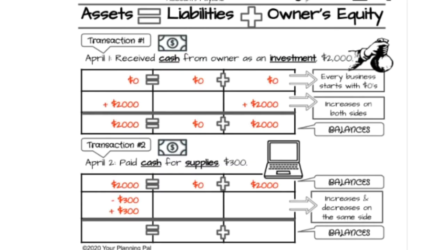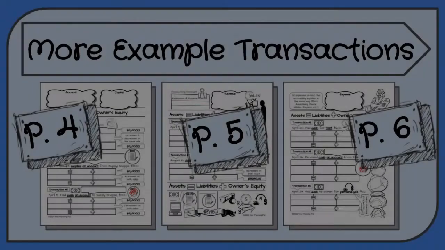The accounting equation is still in balance. We're subtracting and adding the same amount on the same side. Nothing is going on the right side of the accounting equation. And if we bring our balances down, we see that we're still in balance. It's still 2,000 equals 0 plus 2,000. However, the transaction affected only one side of the accounting equation, and it's represented there in the middle.